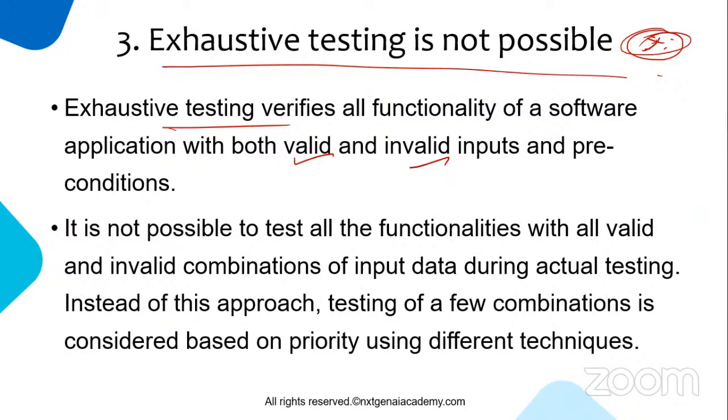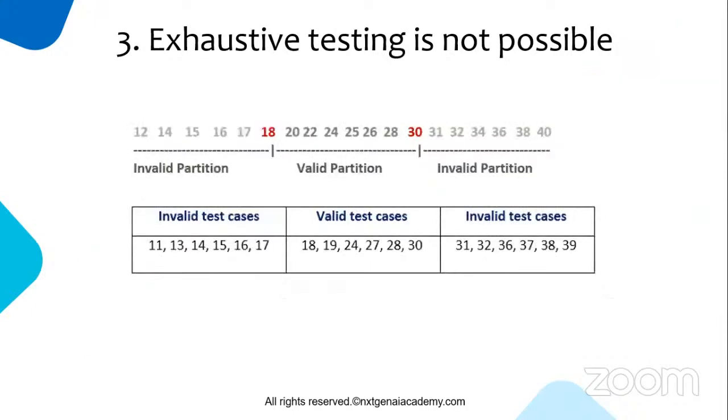In the name field, it should not accept special characters. In the phone number field, it should not accept characters. That makes sense, right? So some valid inputs and invalid inputs, you have to find that. But again, how many numbers will I give? One small example.